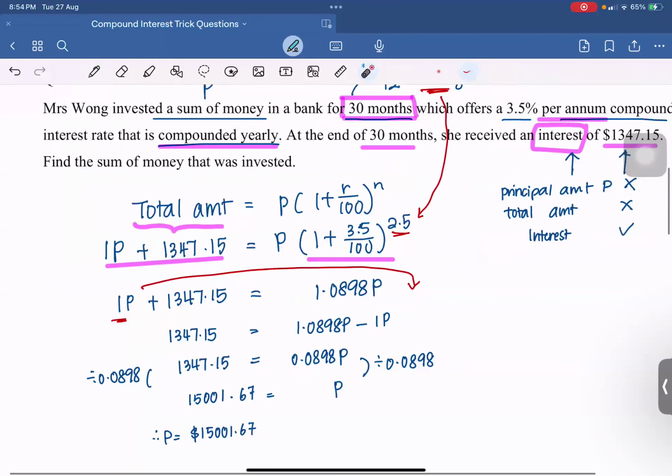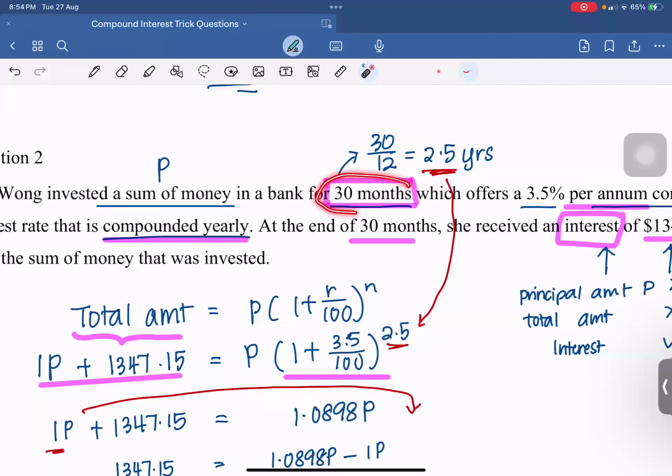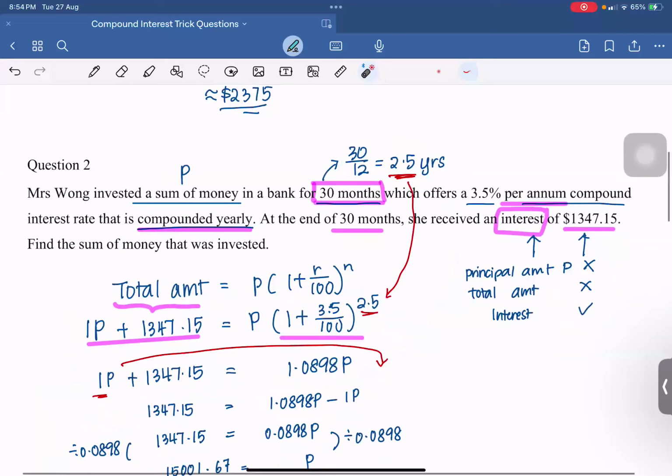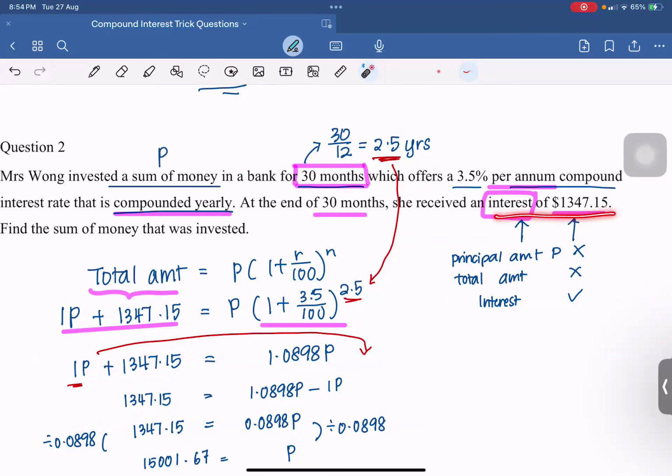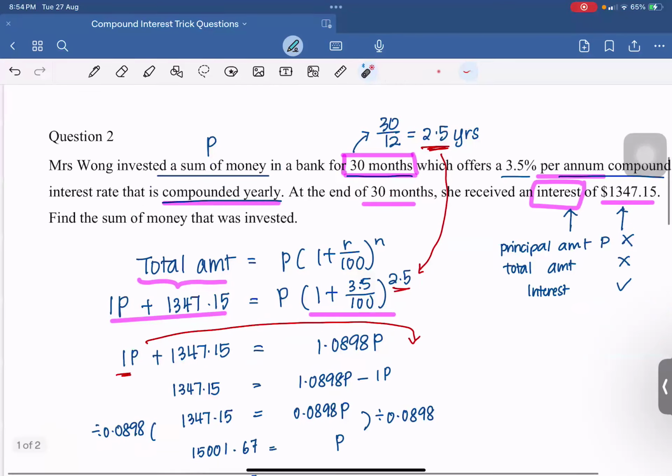Okay, first step, let me just highlight again. First thing, the number of months, this is compounded yearly. Months need to change to years. Second thing, after 30 months, this is interest. This is not the total amount. So how to find the total amount? I need to take principal plus the interest. Then I calculate this portion.